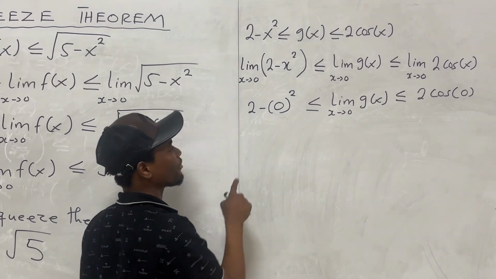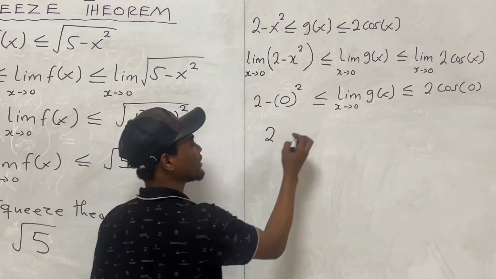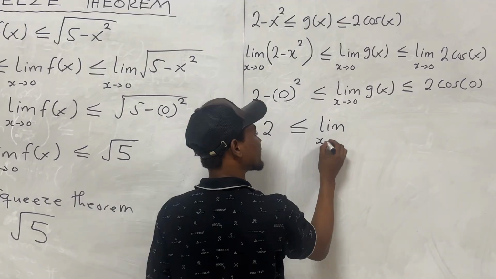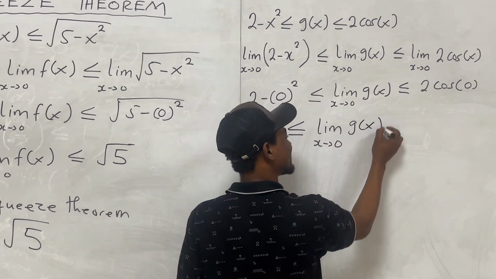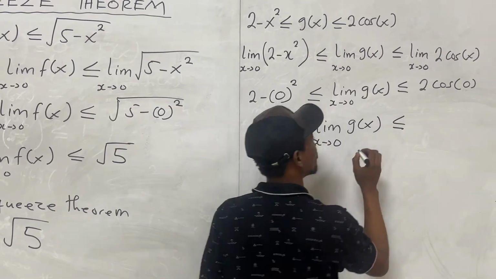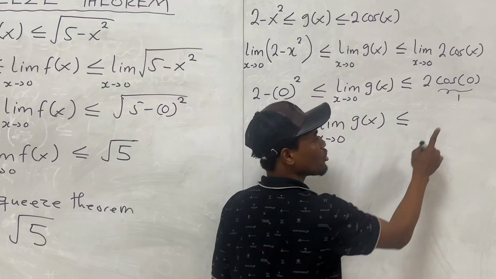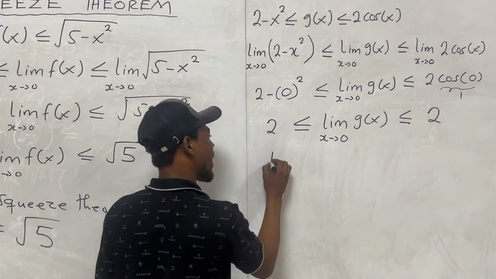So what do we have? We have 2, everything here goes to 0, less than or equal to the limit as x approaches 0 of g of x, less than or equal to cos 0, which is simply 1. So 1 times 2 is 2.